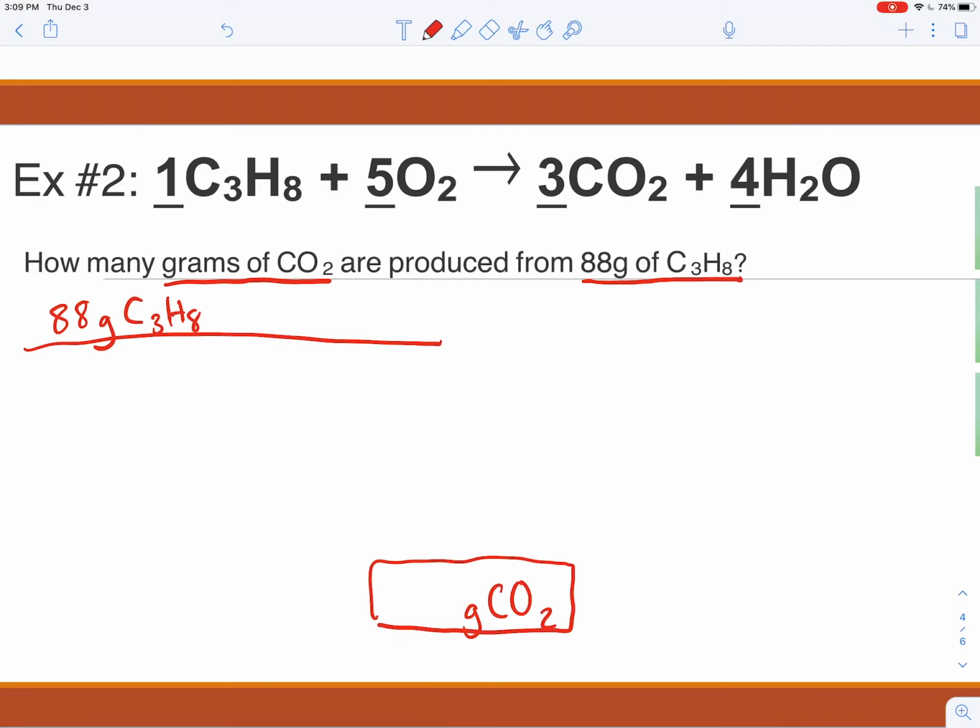But first, before we can, let's do this conversion. So again, first step, we want to divide by molar mass. Okay? So I've got grams of propane, so I'm going to put grams of C3H8 back on the bottom so that I can get moles of C3H8.